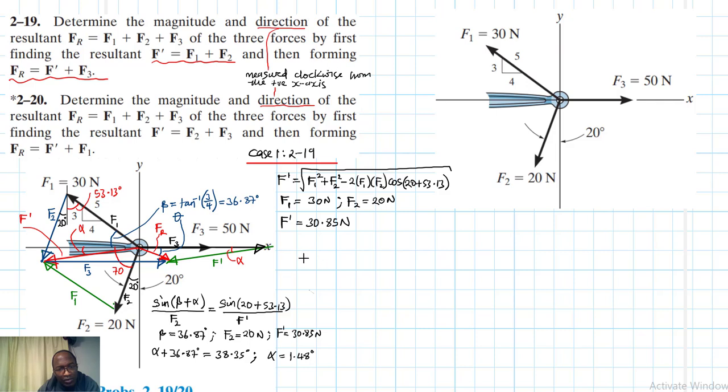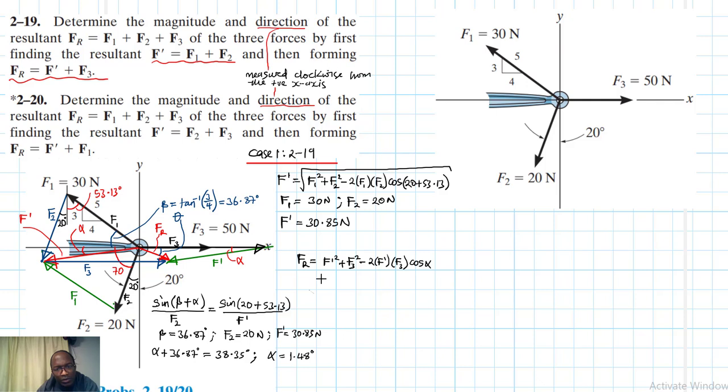So with all that information, we can find FR quickly. We'll use the cosine law. So FR is equal to the square root of F prime squared plus F3 squared minus 2 times F prime times F3 cos alpha.